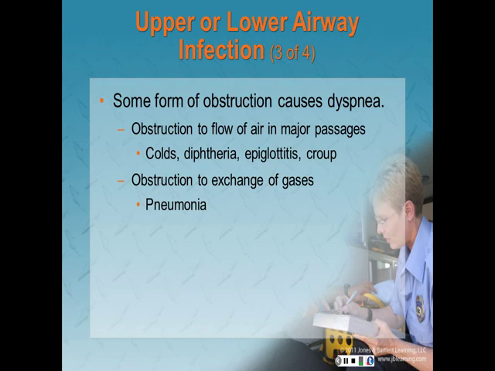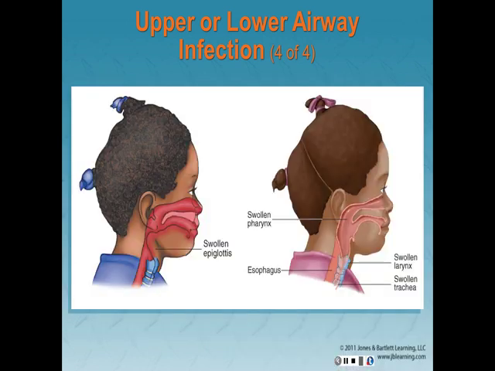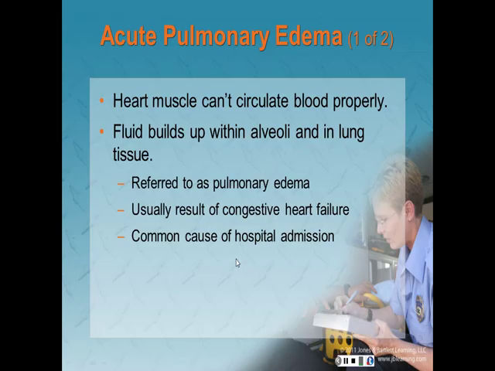The problem causing dyspnea is always based on some form of obstruction. It may be to the flow of air in major passages like colds, diphtheria, epiglottitis, or croup, and it can be to gas exchange like pneumonia. As you can see here with epiglottitis, the swollen epiglottis is some type of obstruction.